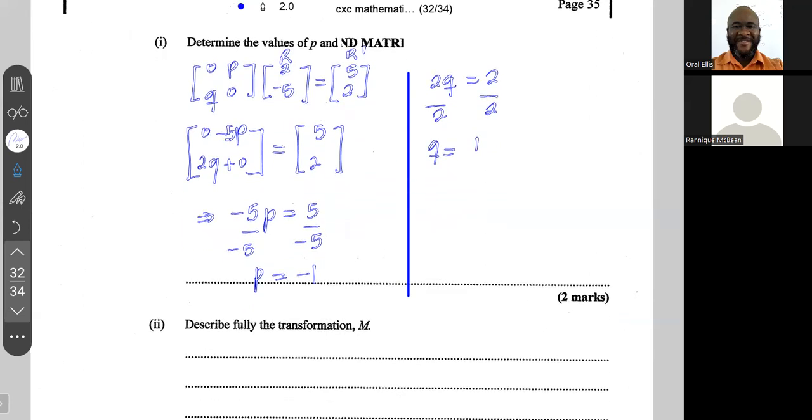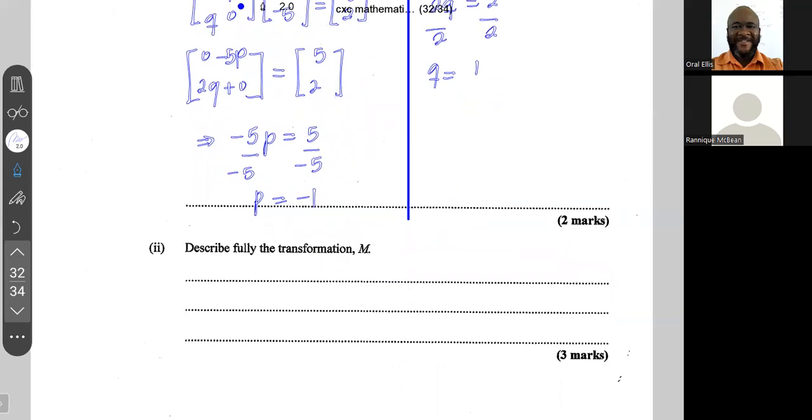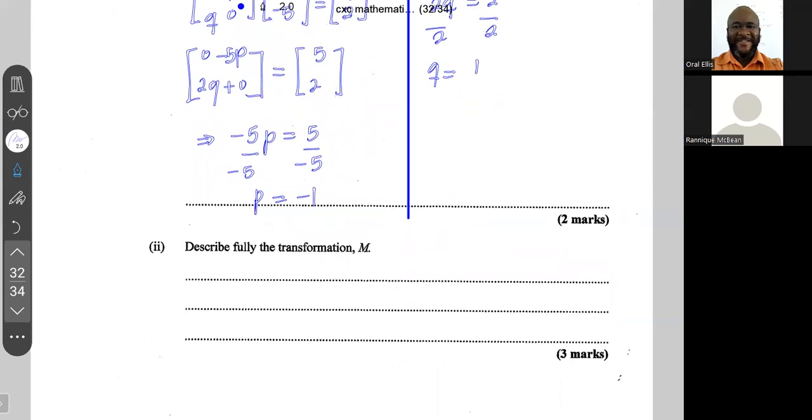This says describe fully the transformation M. You should be able to do that because you received a diagram of the transformation.